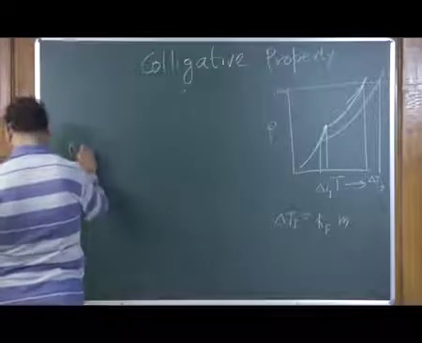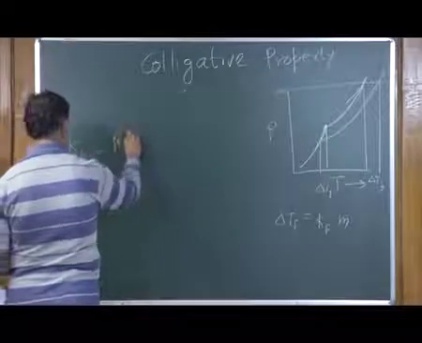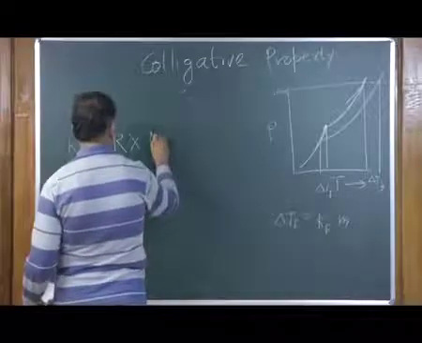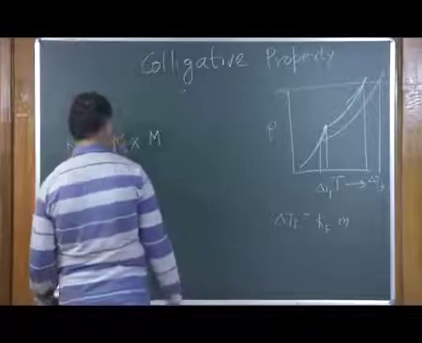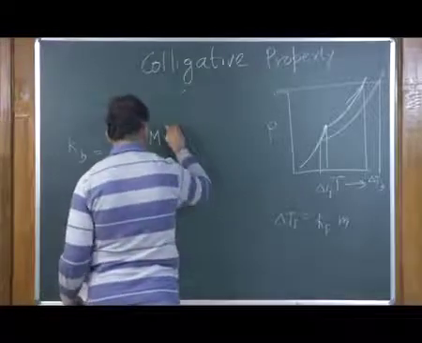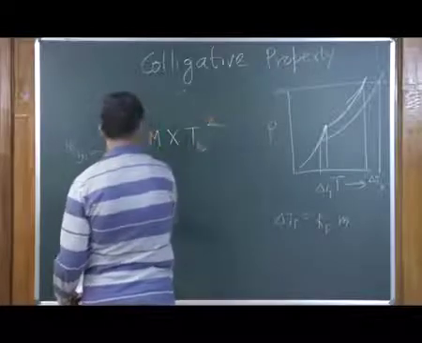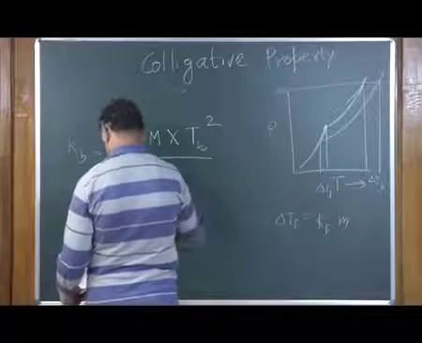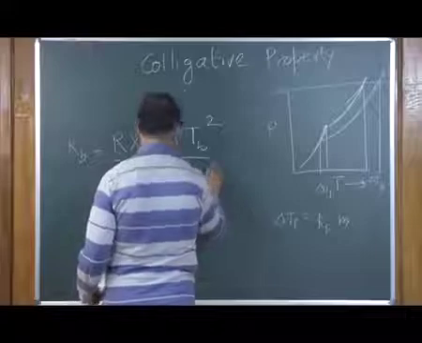Kb is written as the gas constant multiplied by the molecular weight of the solvent multiplied by the boiling point squared, divided by 1000 multiplied by the enthalpy of vaporization.